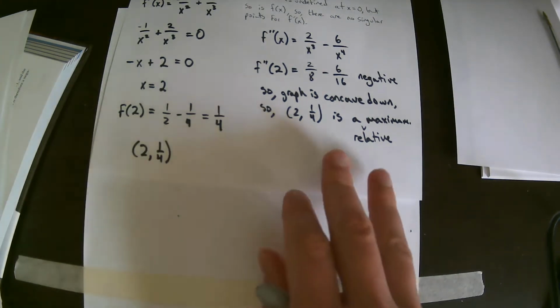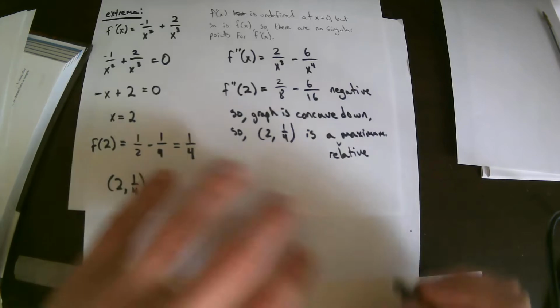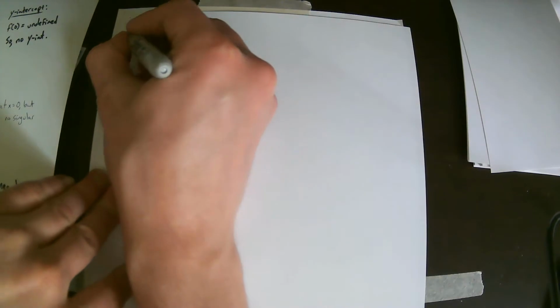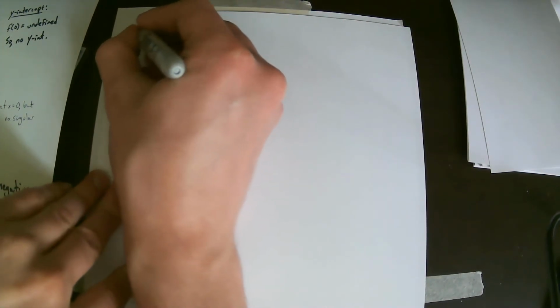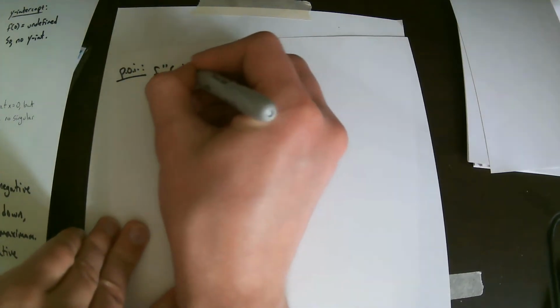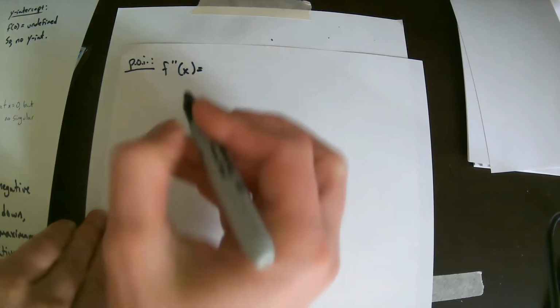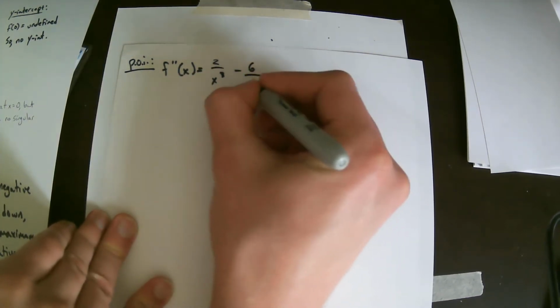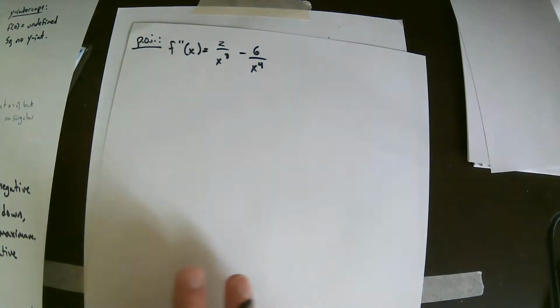Alright, let's find the points of inflection. This is still number 1. Let's say POI for points of inflection. I've already got my second derivative, which is what I need to find my points of inflection.